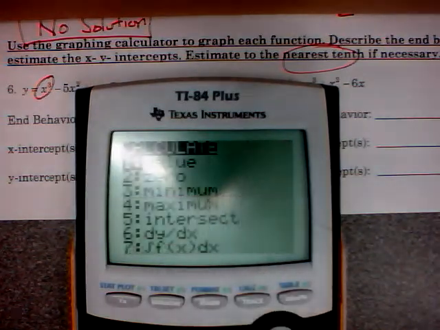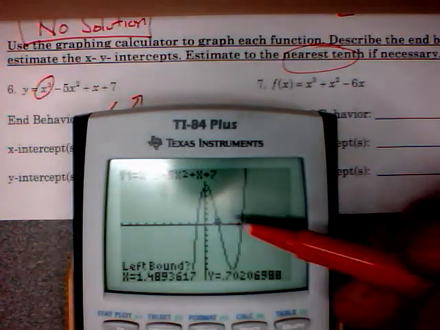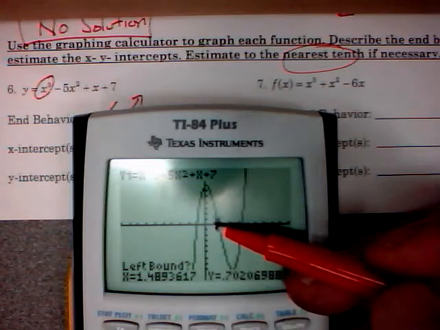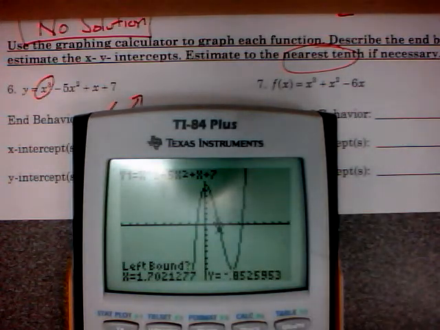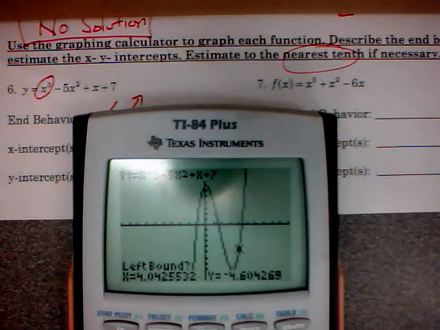So second, calc, and we're going to find the zero again. Now our cursor is right here, but we need to get it over past this x-intercept. So I'll move to the right quite a bit. Okay, this is currently on the left-hand side of this point, so I'm going to hit enter here.